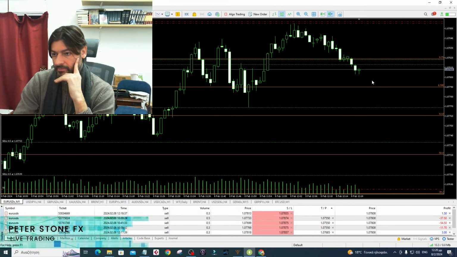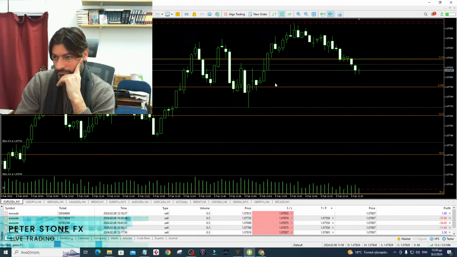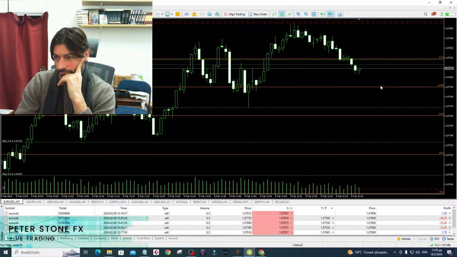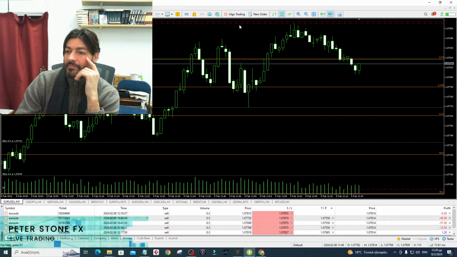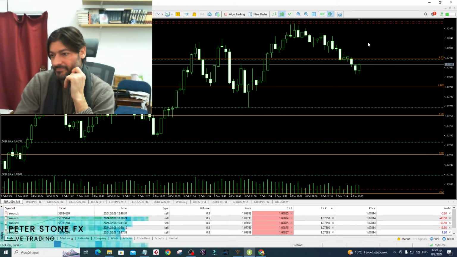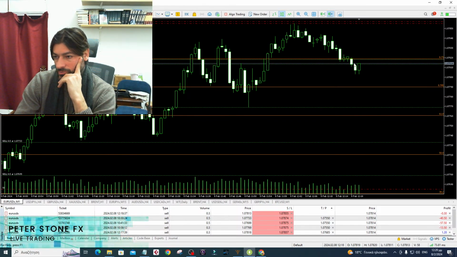Nothing is confirmed yet. We still have this fair value gap. Maybe this is a swing to create, like mine, sell side liquidity. So this candle shouldn't surpass this level.